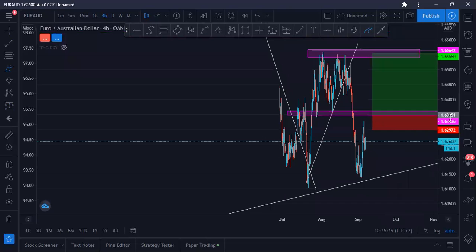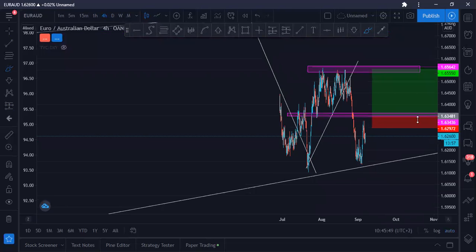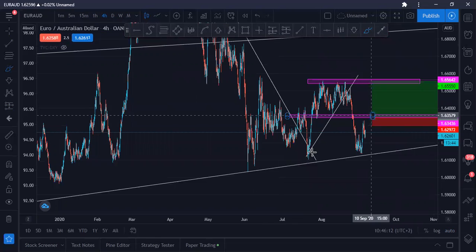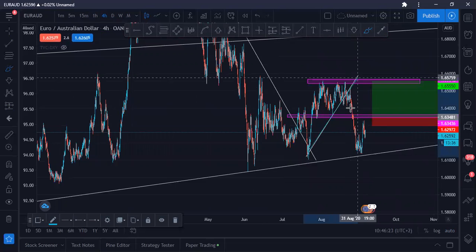Euro Australian dollar. As you guys can see, I have it indicated here. I'm only looking to buy once we get within this channel or in this ranging zone that we were in, then I'll be comfortable to buy. I indicated last time that once we broke out of this zone, we're looking for a move to the downside.